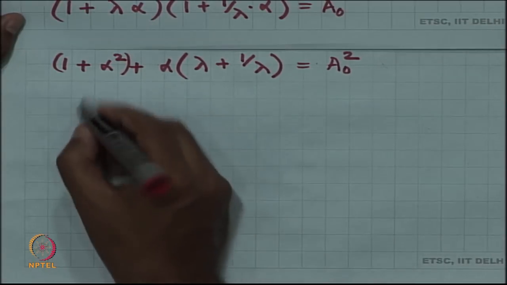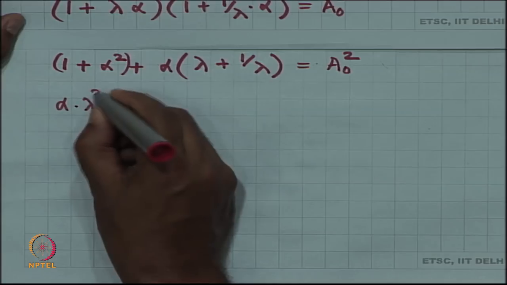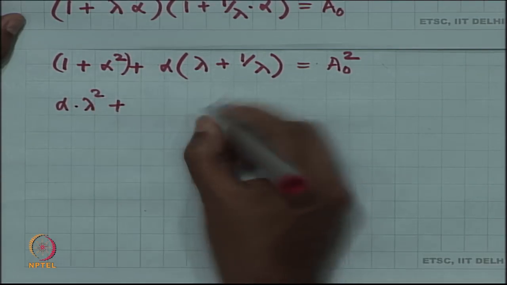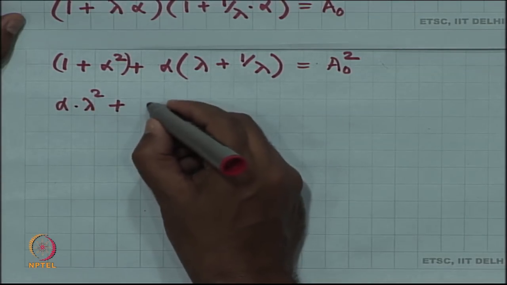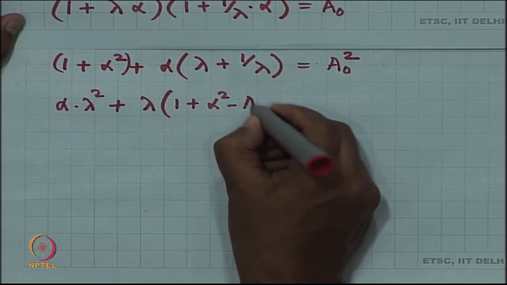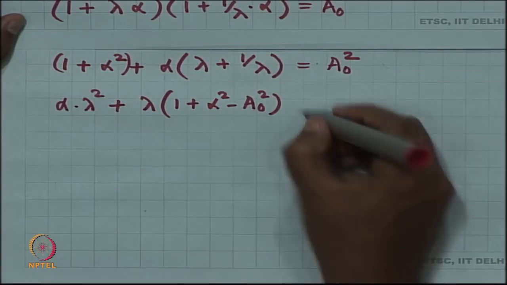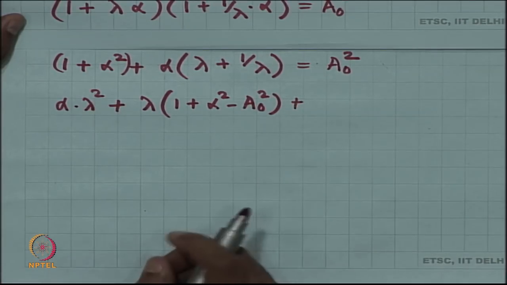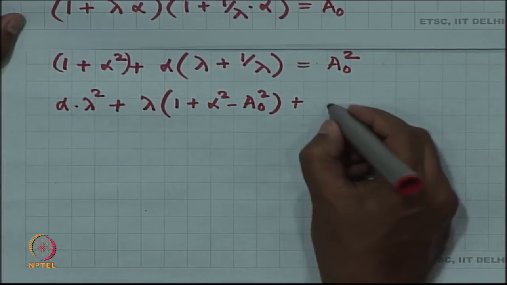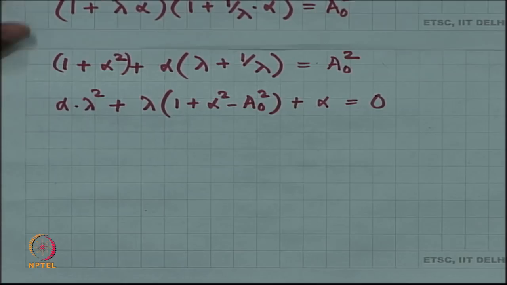So, what that boils down to is alpha times lambda squared plus lambda times 1 plus alpha squared minus a naught squared plus alpha is equal to 0.